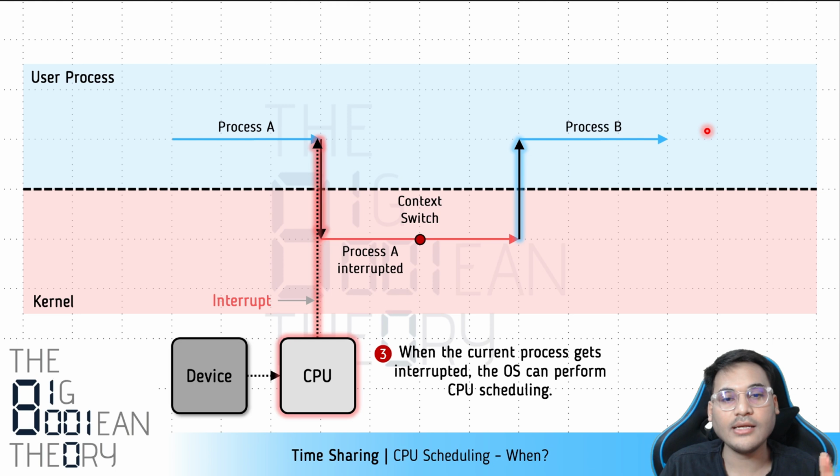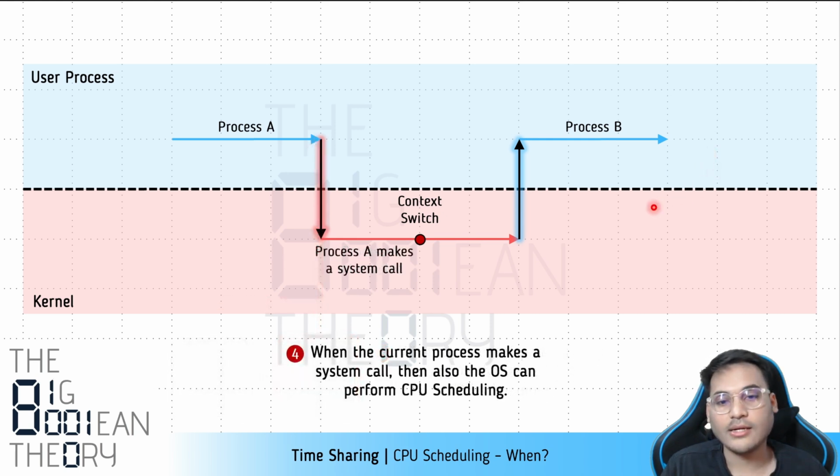But the point is that definitely when a process gets interrupted, this is a point when the CPU scheduling can happen, right? So we were talking about when all can we do CPU scheduling. This is definitely one of the times when the operating system can perform CPU scheduling, right? And one last case is that when the process makes a system call, then also the operating system can perform CPU scheduling.